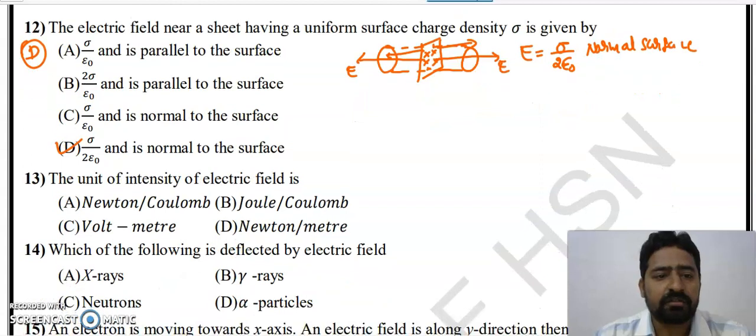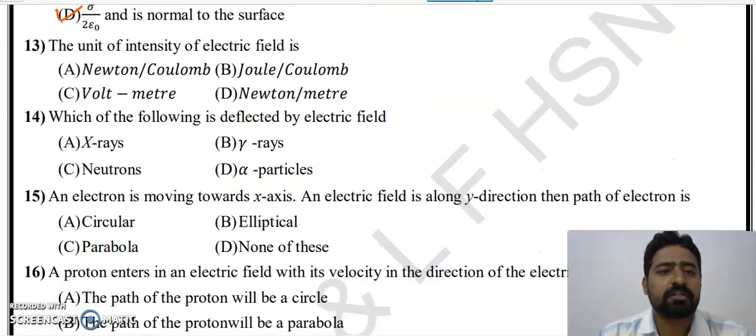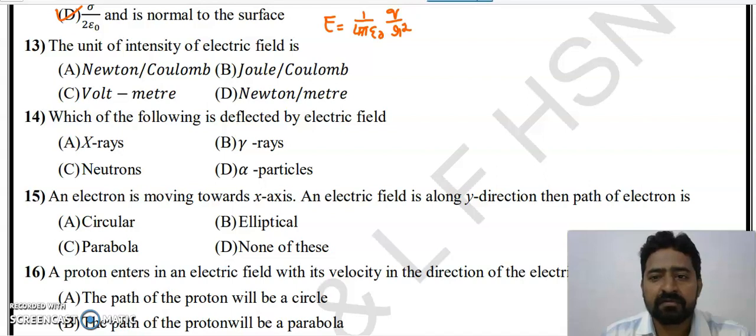Okay, next, the 13th question: the unit of electric intensity of electric field. We know that the electric field is equal to 1 divided by 4 pi epsilon naught, times Q divided by R square. Here 4 pi has no unit, epsilon naught has charge in coulomb, and we have already derived that epsilon naught has unit C square divided by Newton meter square.